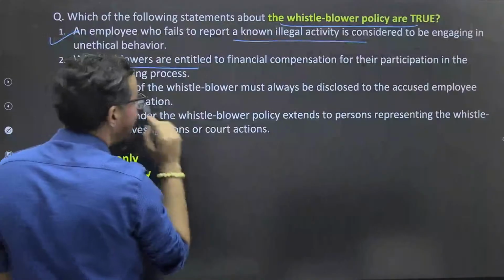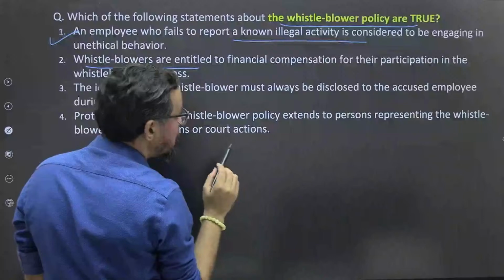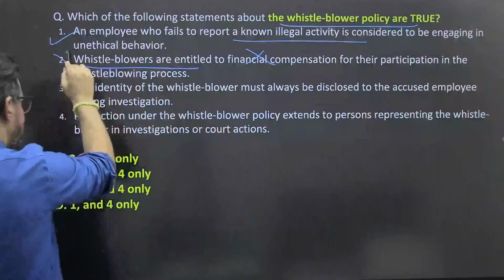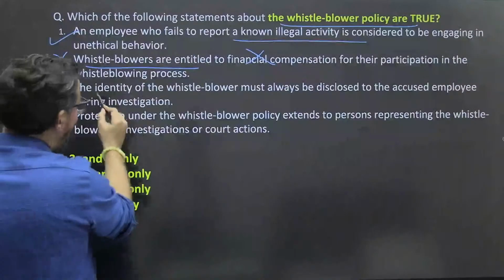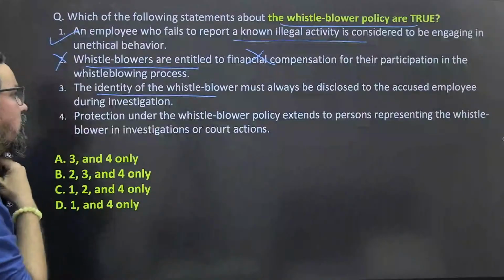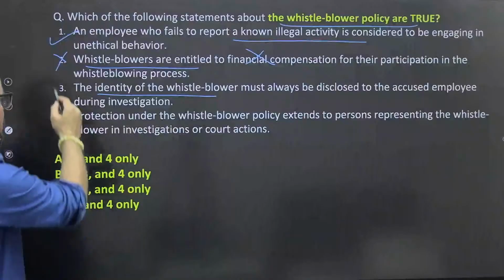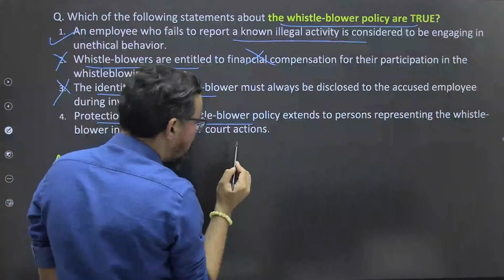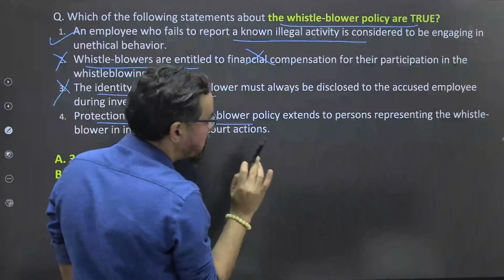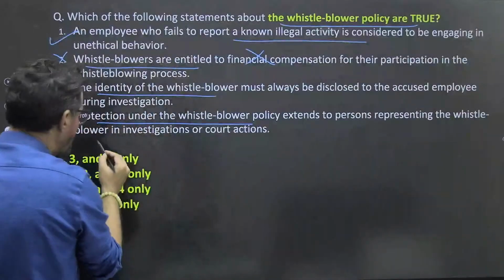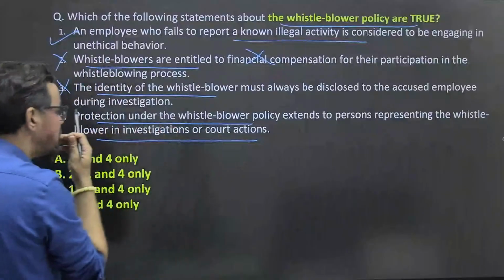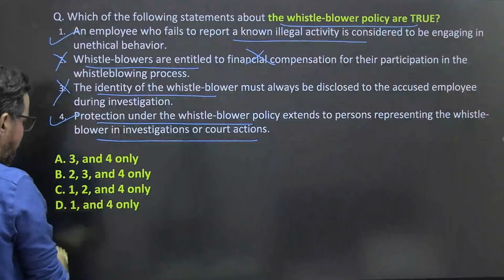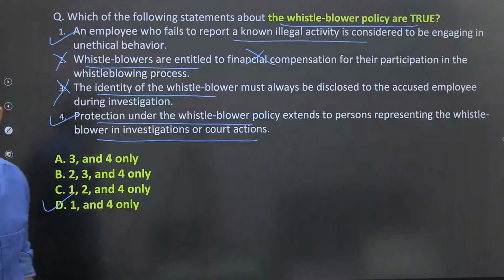Whistleblowers are entitled to financial compensation for their participation in the whistleblowing process. No, it is not necessarily. The identity of the whistleblower must always be disclosed. No, it should not be disclosed. Protection under the whistleblower policy extends to persons representing the whistleblower in investigations or court action, also true. 1 and 4, so D should be the right answer for this particular one.